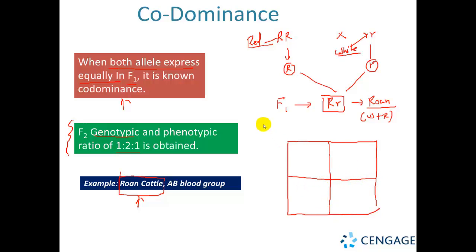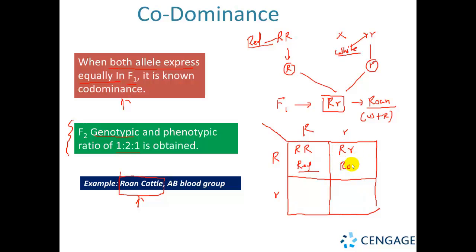In case of Punnett square, again we will see that there is a deviation from a typical Mendelian phenotypic ratio of 3:1. So have a look at this. Just now I am keeping the gametes like this. In the first we are going to have capital R, this is going to be red, right?